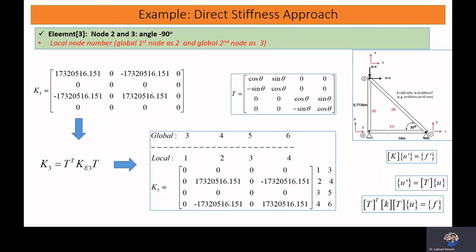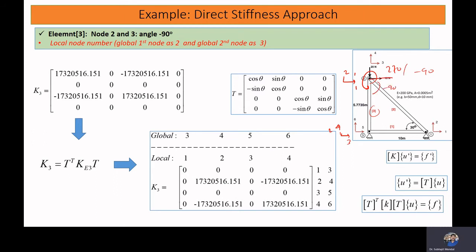Now if we consider the third element, our local node numbering is 1 and 2, and this is 3 and 4. Here is one node, local node 1 and local node 2. So the angle here is 270 degree, or minus 90 degree if you consider from this side.